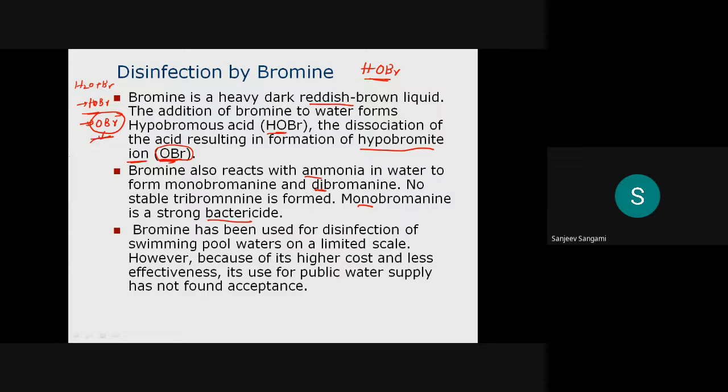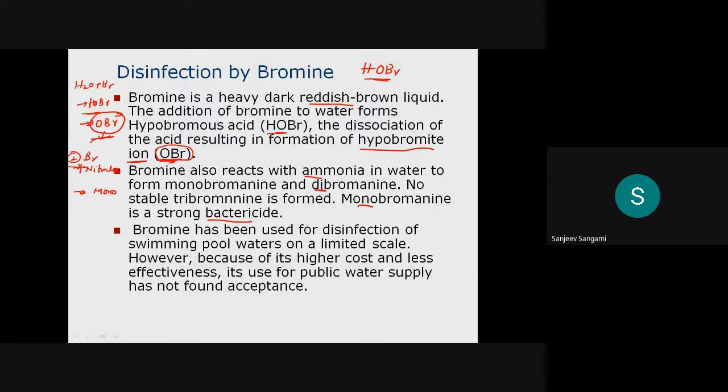That is one case. In the second case, suppose bromine is going to react with the nitrate, then it will form mono bromo anion, as well as dibromo anion.